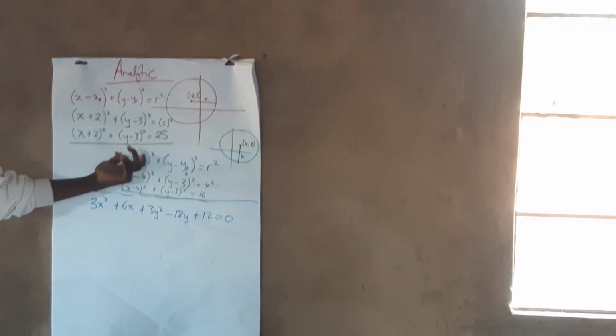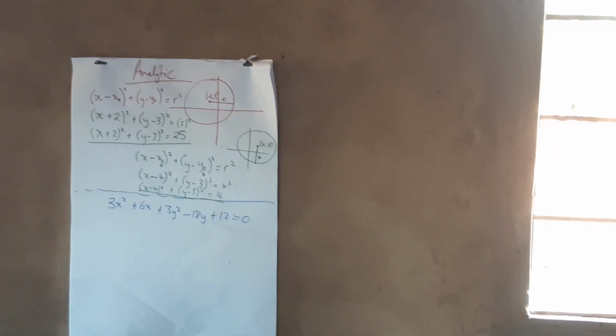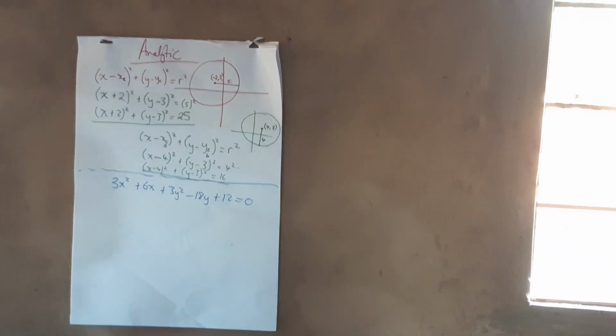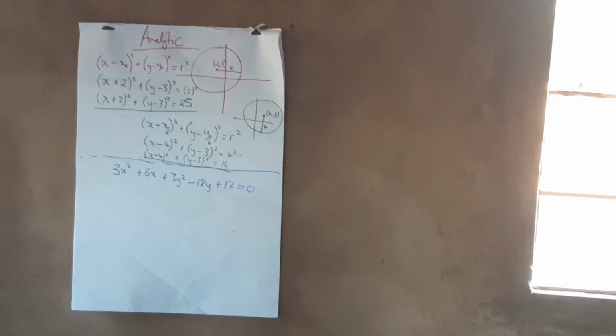It means that they've dealt with the squares, squared everything, brought everything to this side, and then it was equated to 0. Maybe they ask, give us the center of this circle.